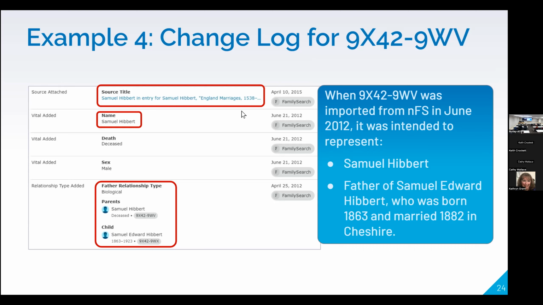All we know about this guy is that when he was imported from new.familysearch.org in 2012, it was meant to represent a guy named Samuel Hibbert, who is the dad of another Samuel Hibbert, who was born this year in this location. But the son should be enough of a clue to figure out the correct identity of the dad.